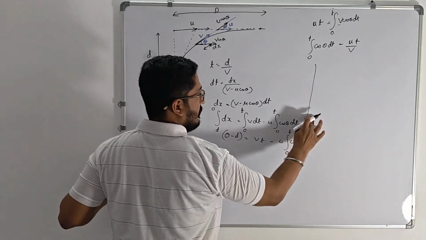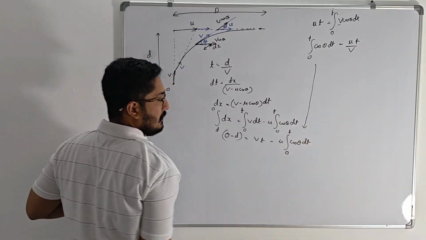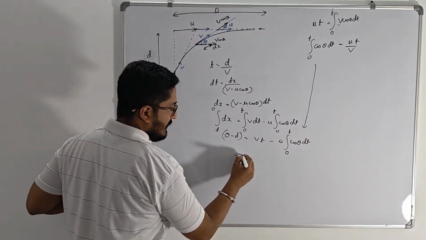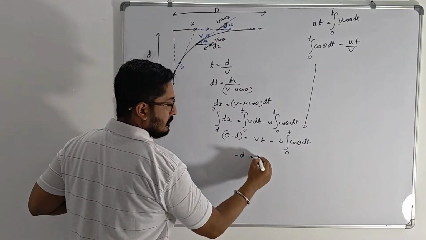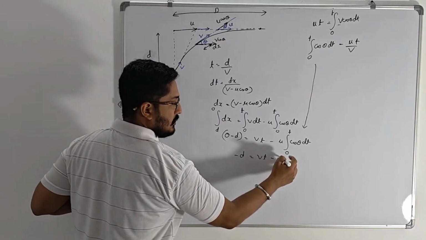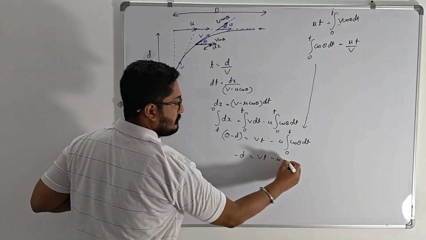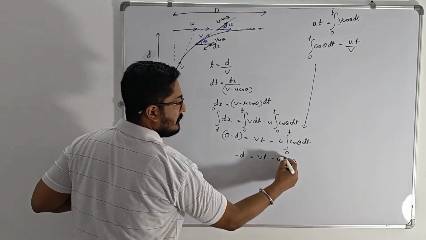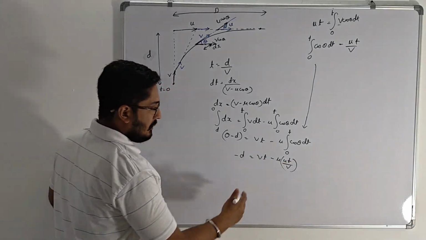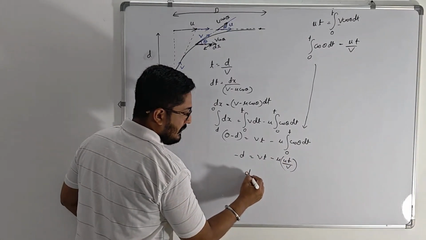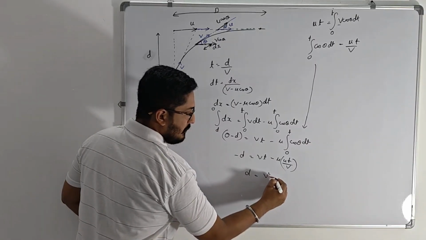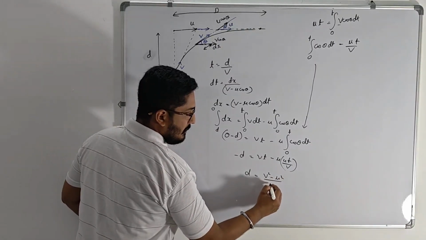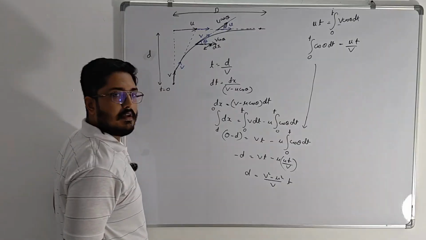So now what will I get if I substitute that? This would become minus d equals vt minus u times this value, which would come out to be ut by v. That's it. Okay. So I'll be getting d is equal to (v square minus u square) divided by v, times t.